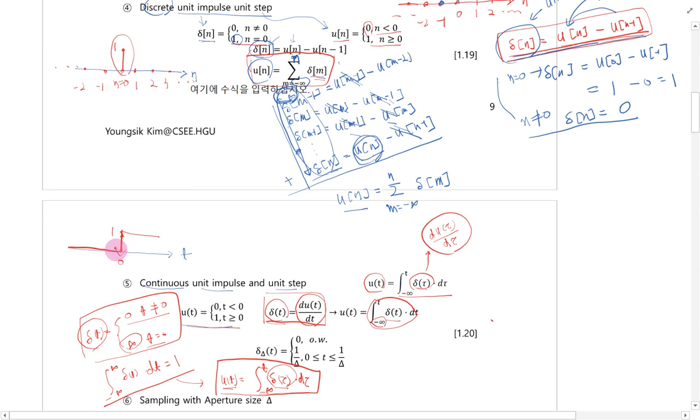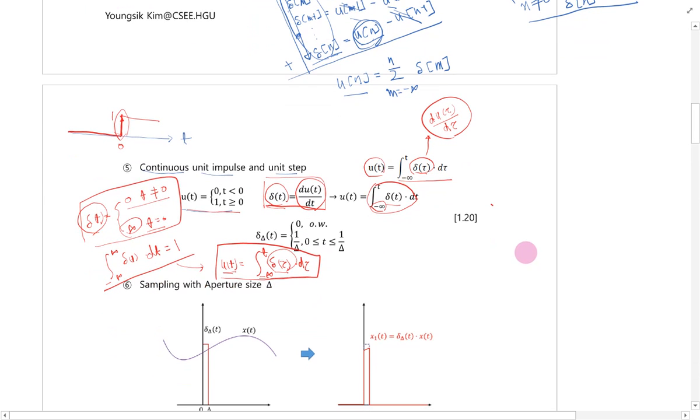It means that there is a discontinuity at t equals 0. So we can make a reasonable approximation of that one. It means that the unit step has some finite slope in t. Then we can define this function in this figure.